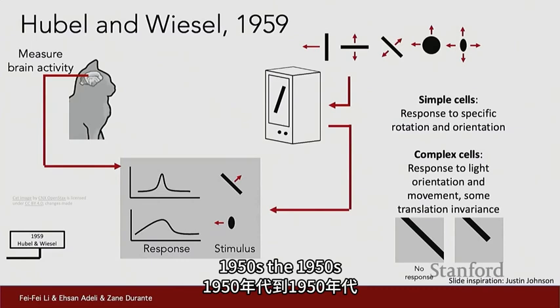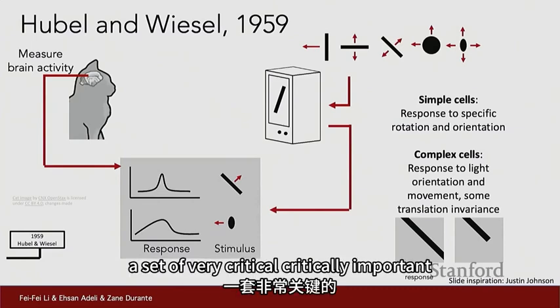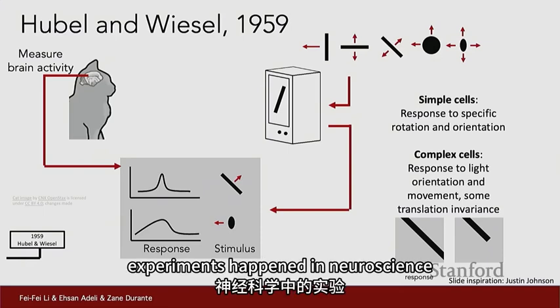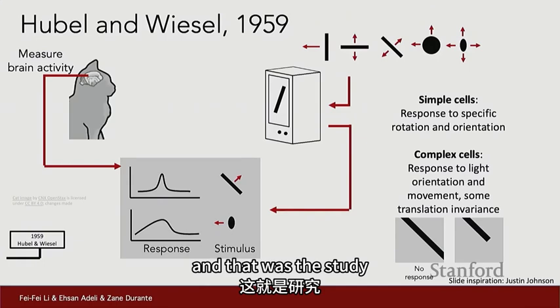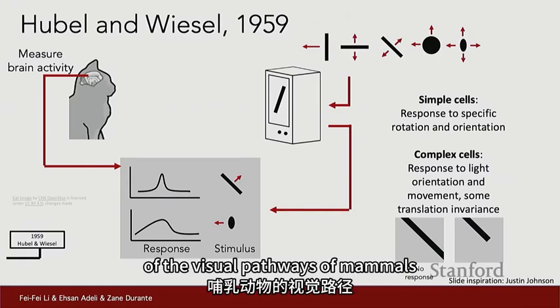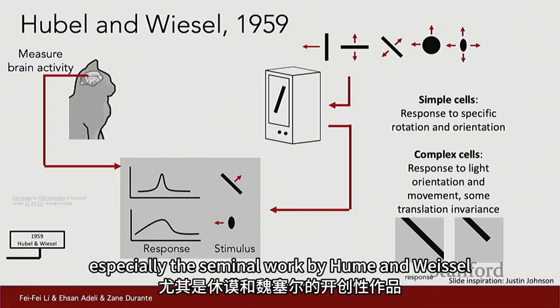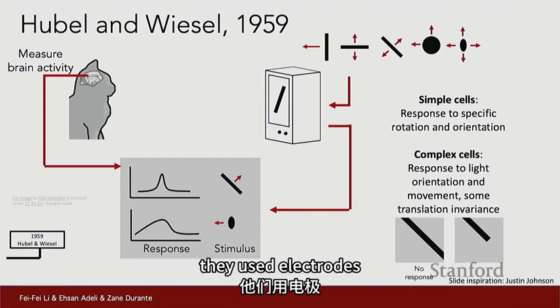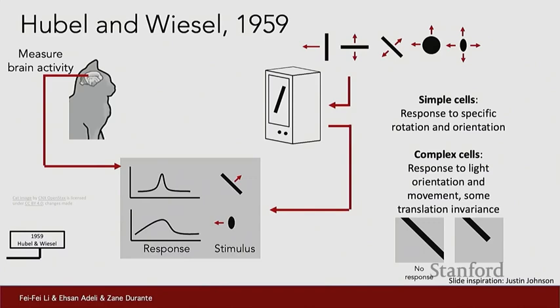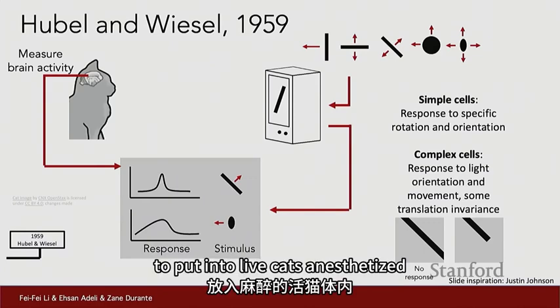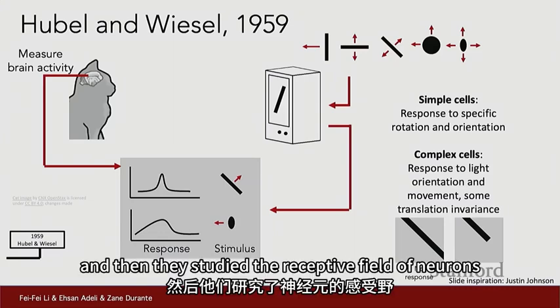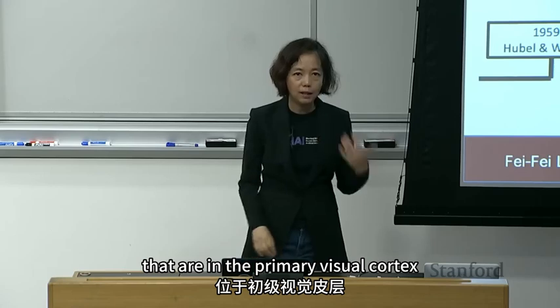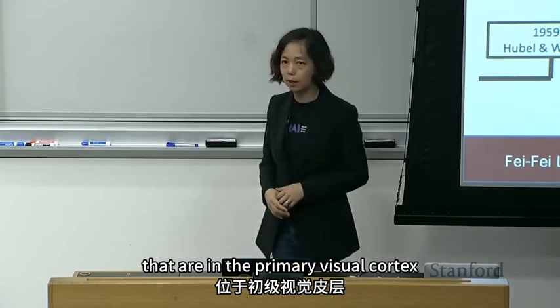In the 1950s, a set of very critically important experiments happened in neuroscience, the study of the visual pathways of mammals, especially the seminal work by Hubel and Wiesel. They used electrodes in live, anesthetized cats and studied the receptive fields of neurons in the primary visual cortex.